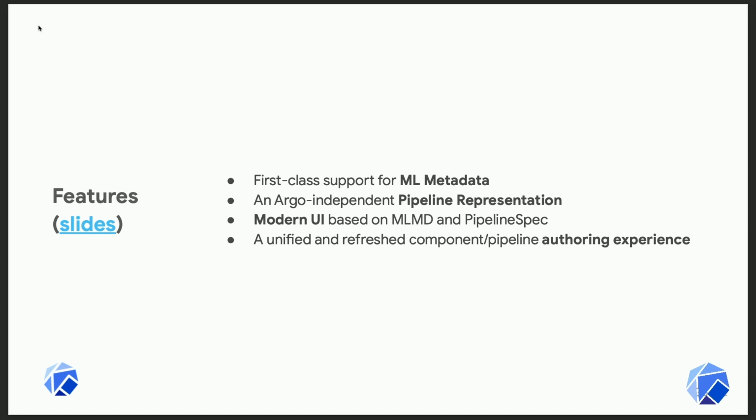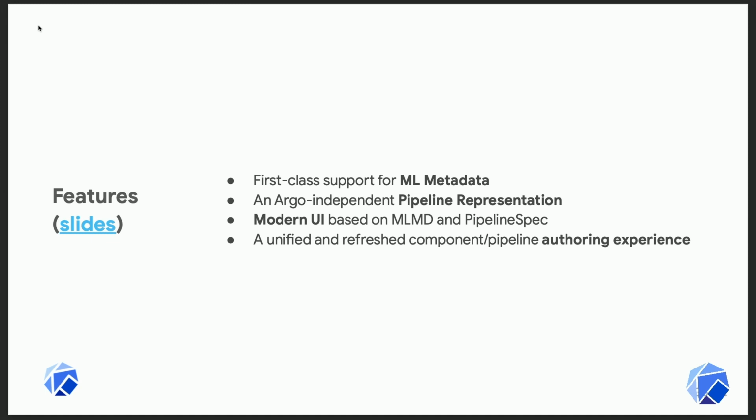The next one is the unified and refreshed component and pipeline authoring experience. So with this KFP v2 user experience, we are providing lightweight Python component, container component, custom component, and also pipeline as a component style authoring. So with these four user journeys, we are providing a unified authoring experience.